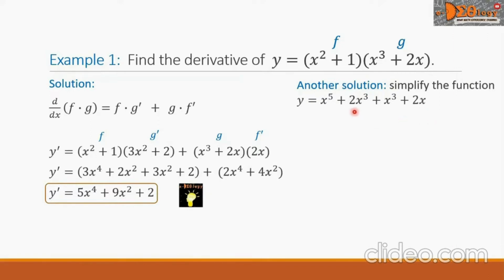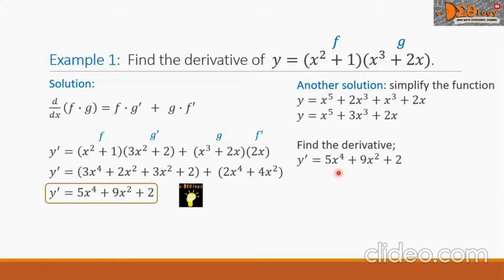We can combine the two terms in the middle, so we have y equals x raised to 5 plus 3x cubed plus 2x. And from here, let us get the derivative. So we have now y prime equals 5x raised to 4 plus 9x squared plus 2. We can see here that our answer is the same with our product rule formula.